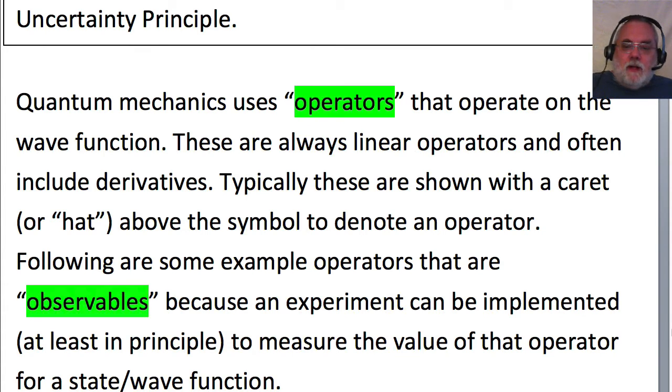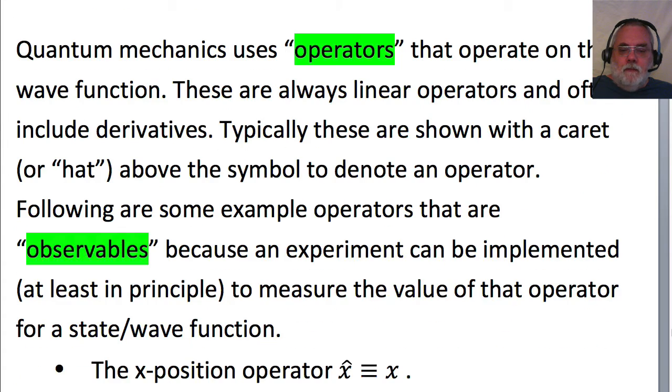Following are some example operators that are observables because an experiment can be implemented, at least in principle, to measure the value of that operator for a state or a wave function. The position operator, x hat, is just multiplication times the value of position, x.